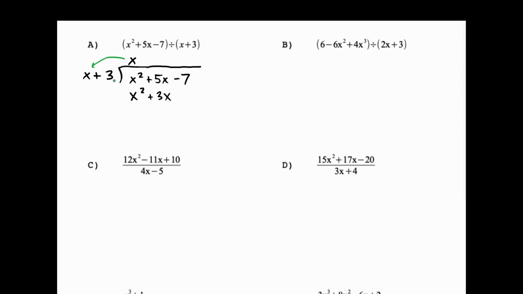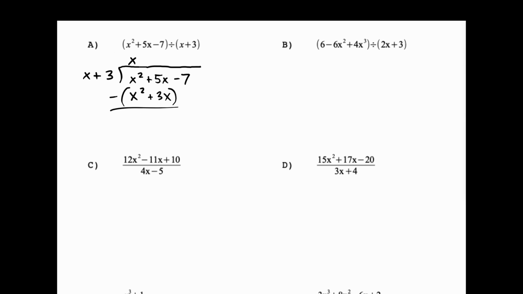I'm multiplying the x by the x to get x squared, and then the x by 3 to get 3x. And then we want to subtract the entire thing. I always put parentheses around the thing I'm subtracting so that I make sure both terms get subtracted.